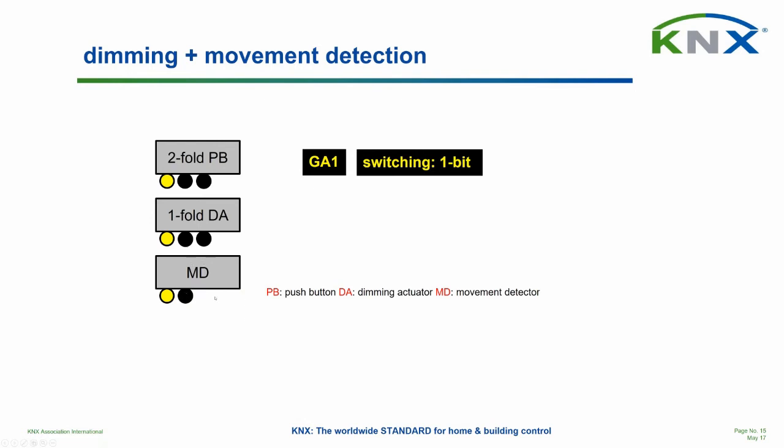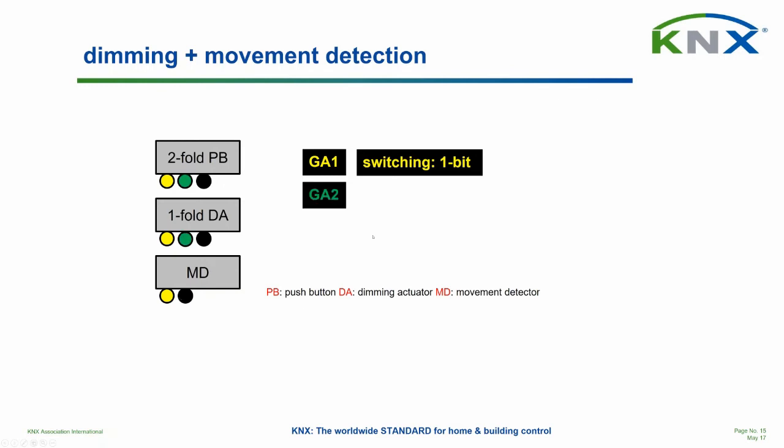So the movement detector is also included in the switching group address, because it should also be able to switch on the lamp based on detected movement. That is why we have to include this in the same group address.